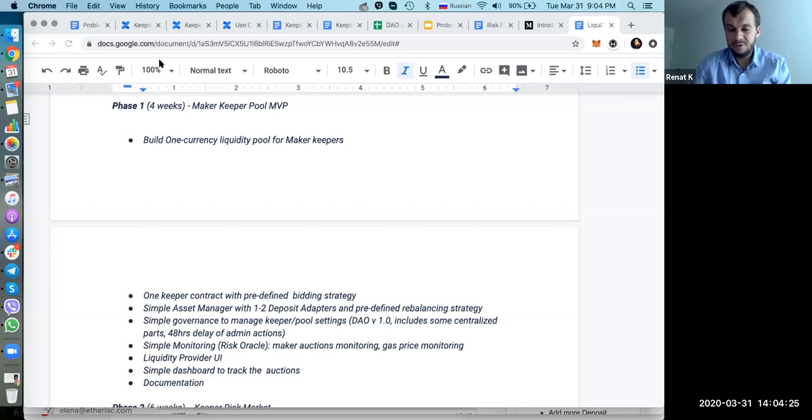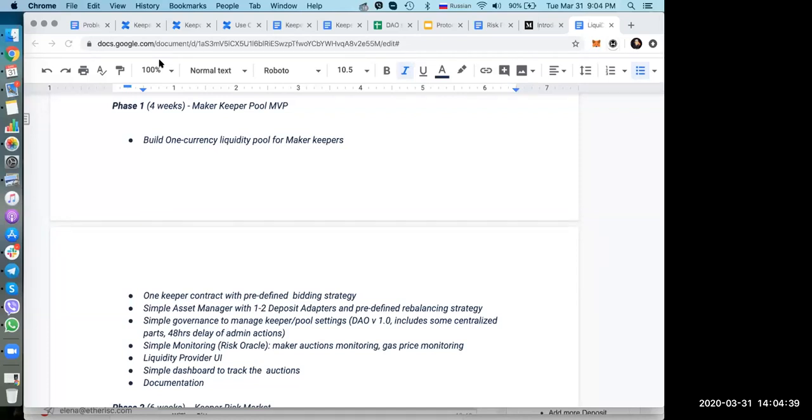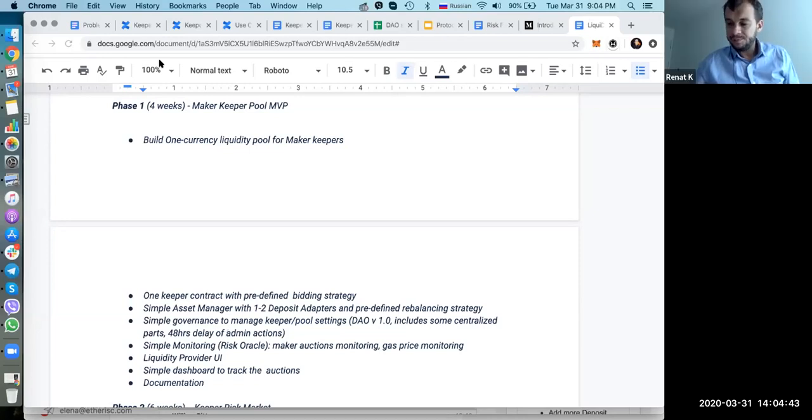So the market will tell, but I don't expect that the returns from liquidations will become so low that it's not a good allocation, for three reasons.